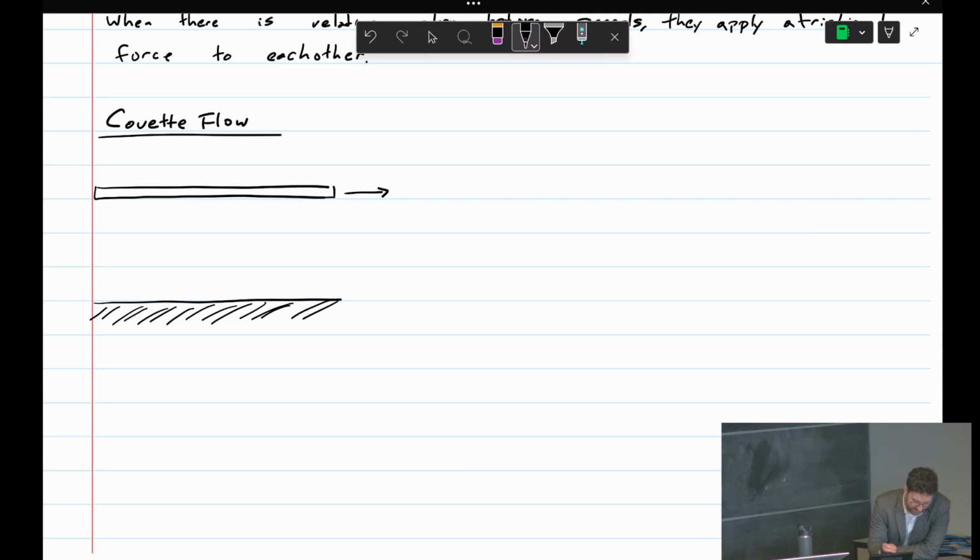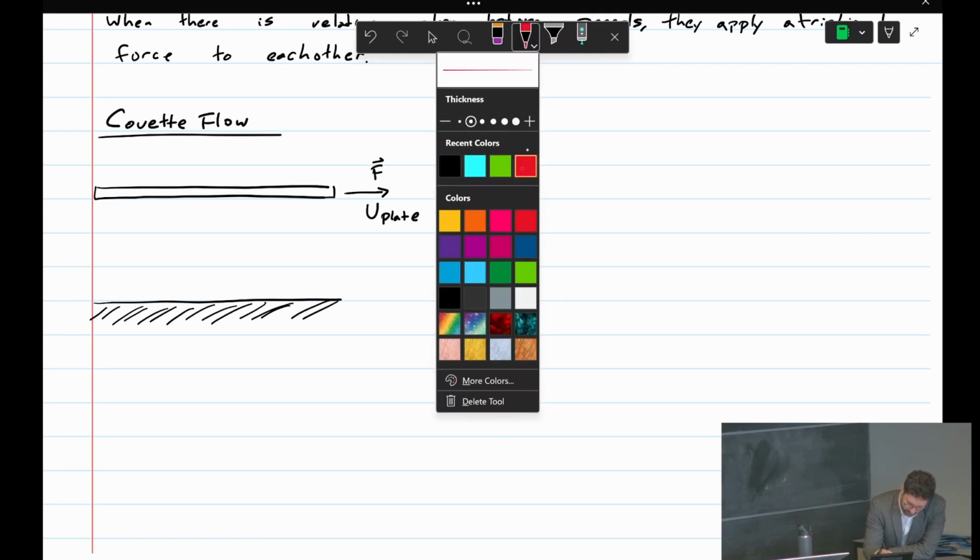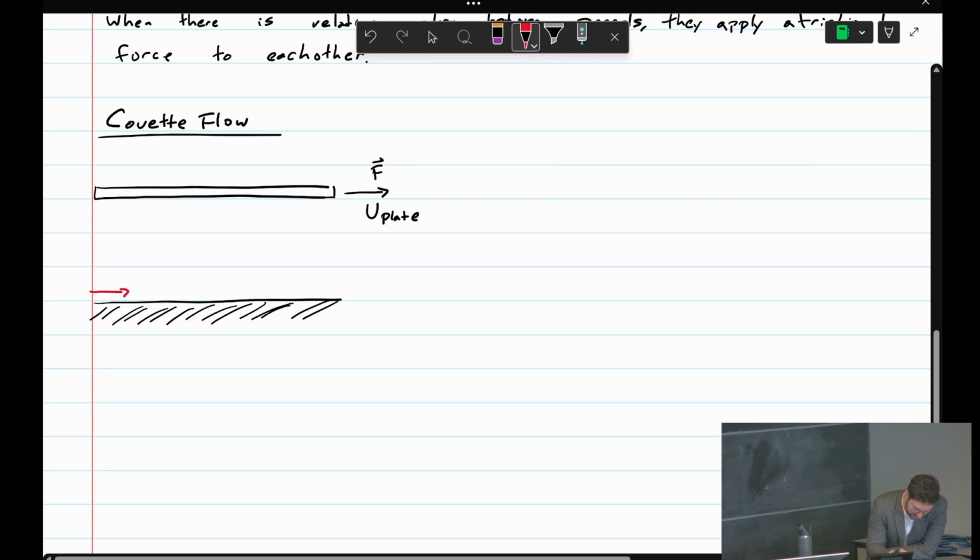So this is a plate on the top. Say this is just like a plate resting on a big tub of water. That plate moves along the surface of the water. And that plate, we know in order to pull something, we'll need to pull it with a certain force. So we'll just call that F. And the velocity at which that top plate is moving, we'll call that U plate. Define our coordinate system here.